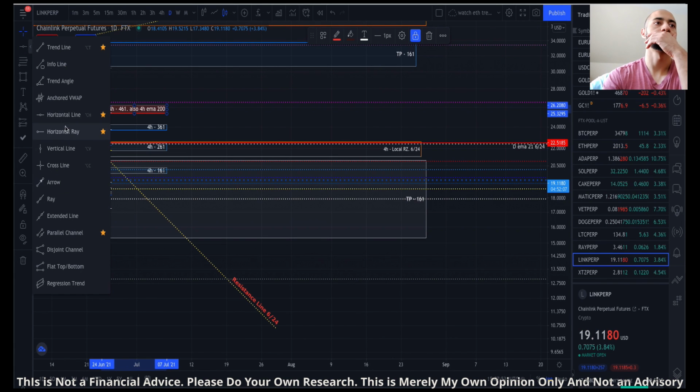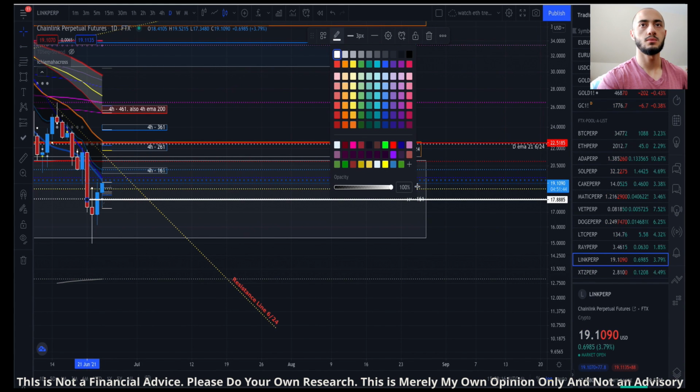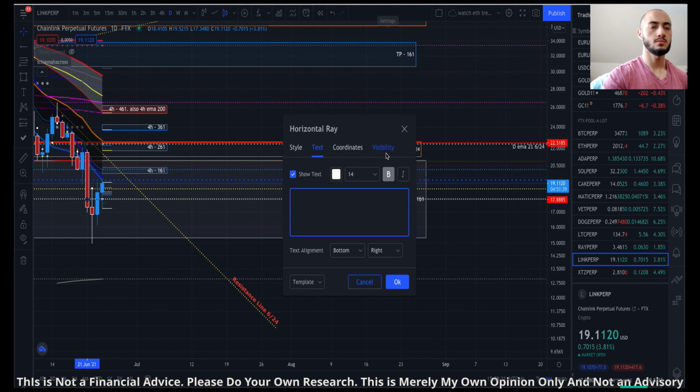The daily pivot, my daily pivot, which is basically the average of all the previous days. So we're above the daily pivot, that's a good sign.